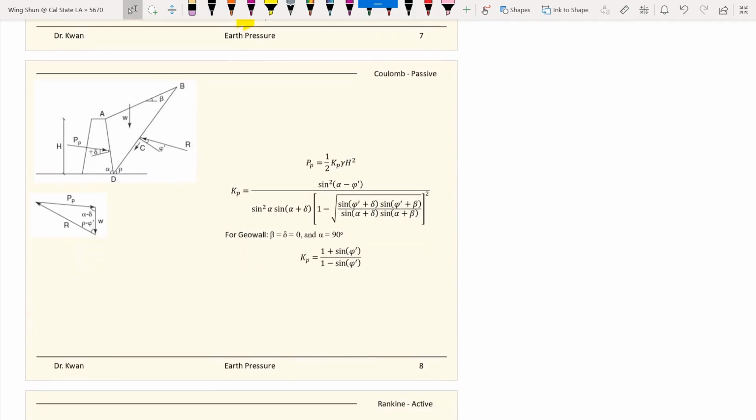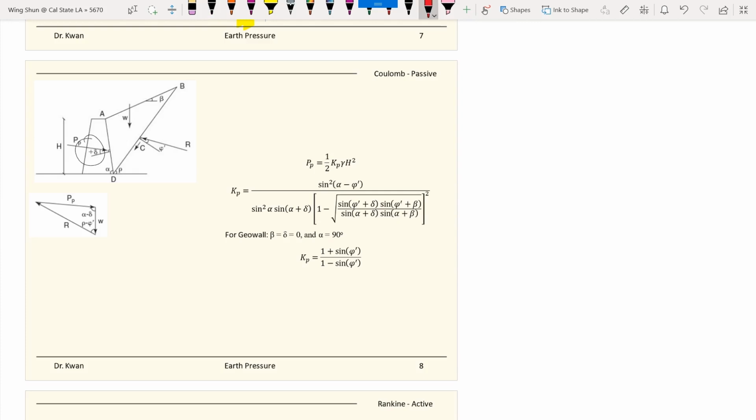And similarly, if we work through the trigonometry for passive conditions, realize that when you have passive conditions, the orientation of the resultant force from the wall will be different, because now you're pushing the wall into the soil.